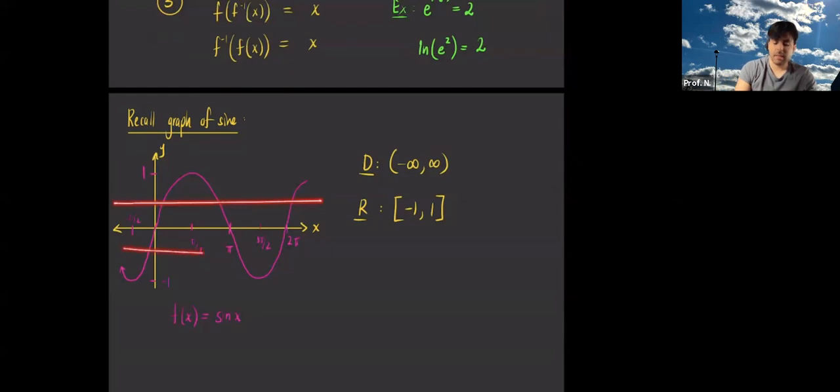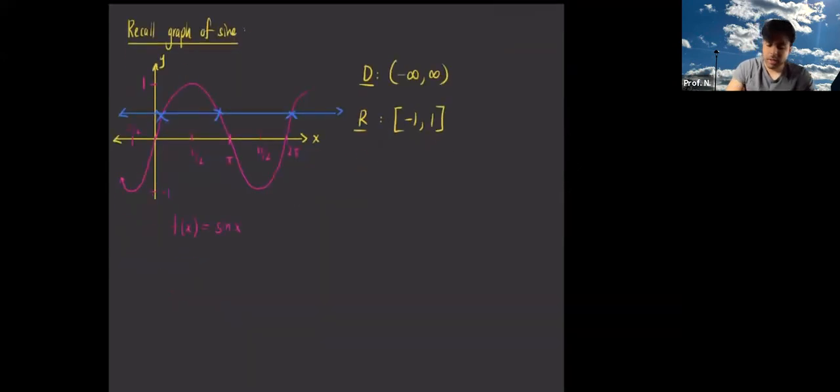It must pass the horizontal line test. What's the problem? The moment I draw one horizontal line, how many points of intersection do I get? Because it goes on forever, I have an infinite number of points. So then the observation is what?